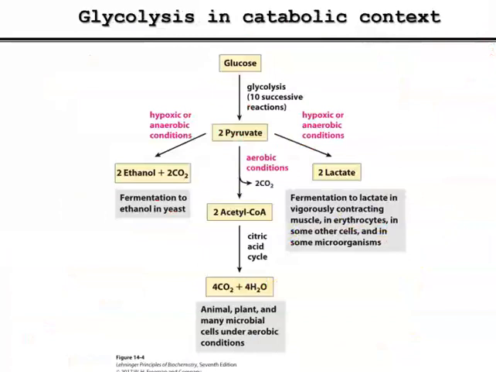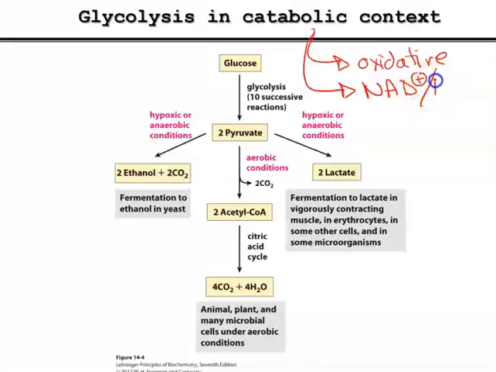Where does glycolysis fit in the overall grand scheme of catabolism? And remember those buzzwords for catabolic pathways. They are oxidative. They rely on this cycling of the pool of NAD and NADH.